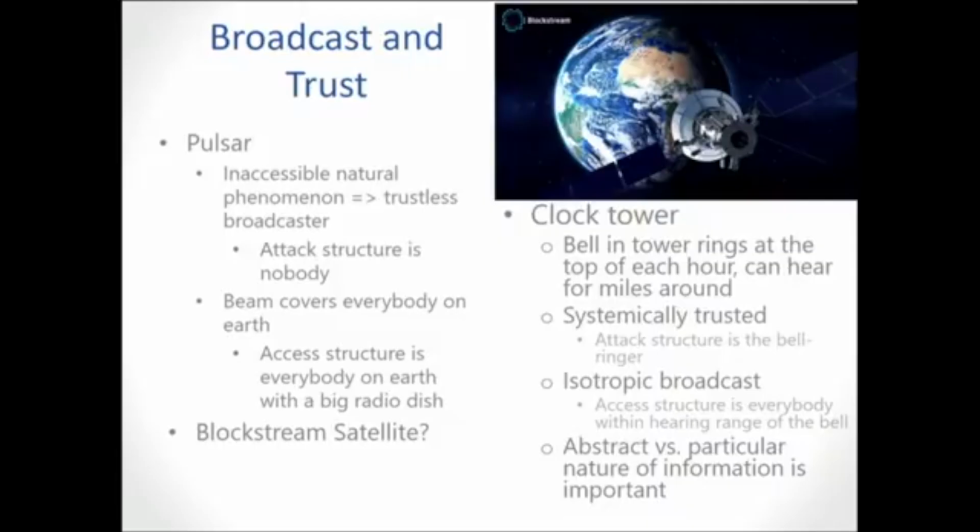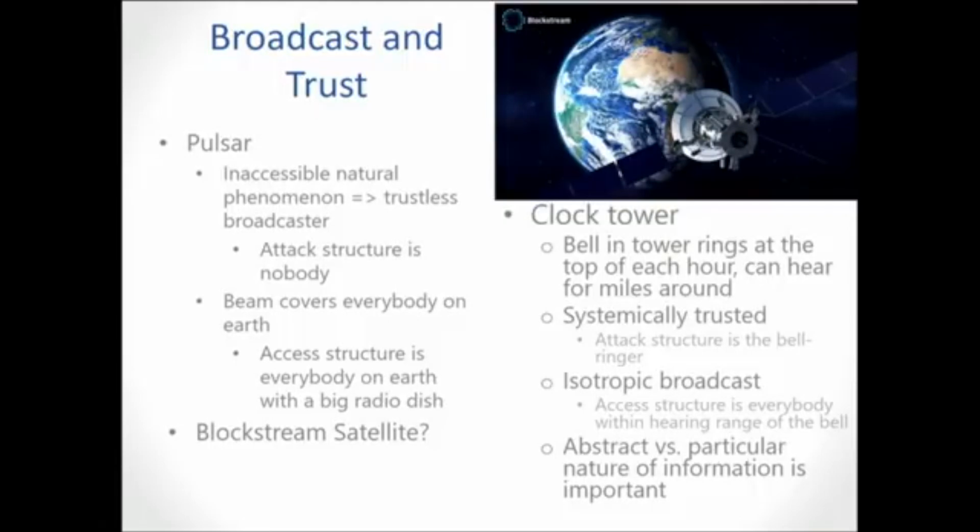A pulsar is a rotating neutron star that gives off very powerful beams of radiation, and that radiation impinges on the Earth evenly. Anybody with a big radio dish can pick it up. It's not going to discriminate and send one signal to one person and one to another. Nobody can attack it. There's nobody out there attacking these things. So this is one of the few things that we can actually call fully trustless.